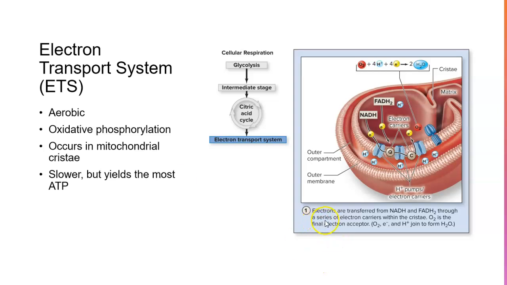So if you look right here, the electrons are transferred from NADH and FADH2 through that series of carriers in the electron transport chain. Oxygen accepts the electrons, okay? So the oxygen, electrons, and hydrogen ions join to form water. But without sufficient oxygen, we can't unpack the suitcases.